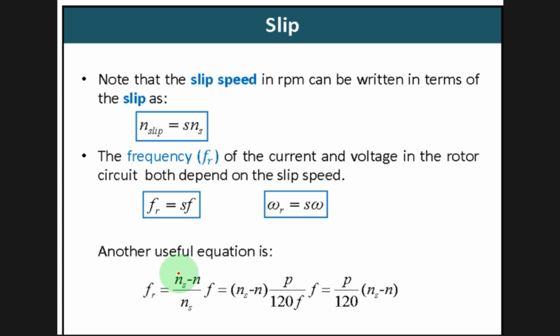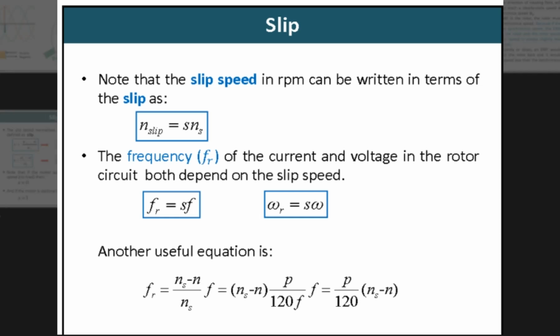Another useful equation will be Fr equals, instead of s, you can put Ns minus N over Ns times F. And the relationship between the frequency and the synchronous speed: F over Ns.